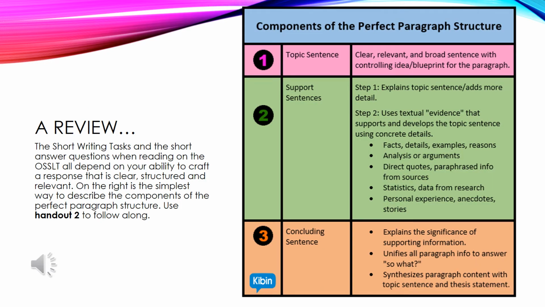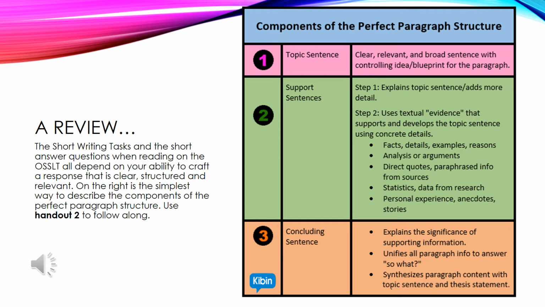A final review. The short writing tasks and those short answer questions when you have stuff to read on the OSSLT all depend on your ability to craft a response that is clear, structured, and relevant. On the right is the simplest way to describe the components of the perfect paragraph structure.